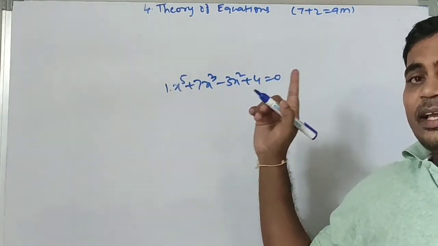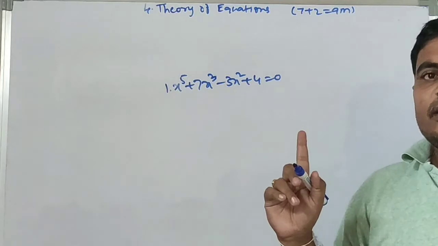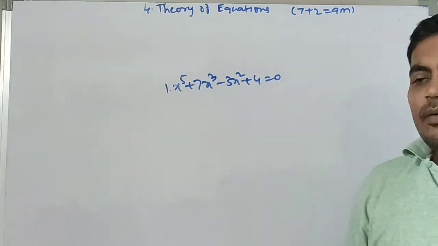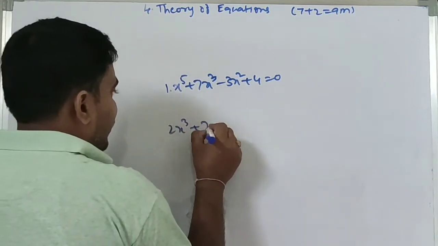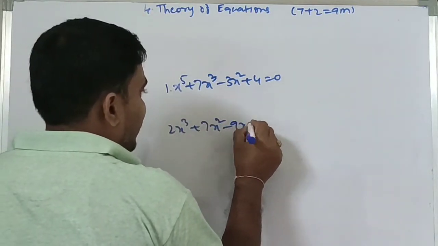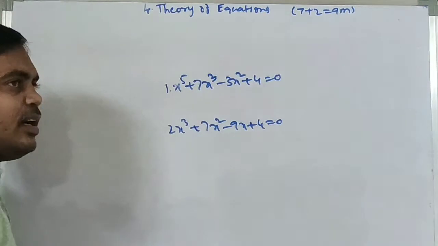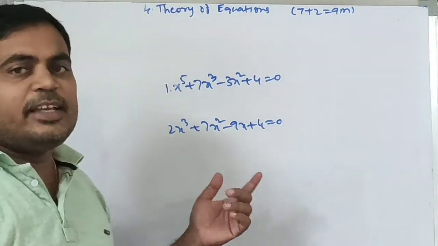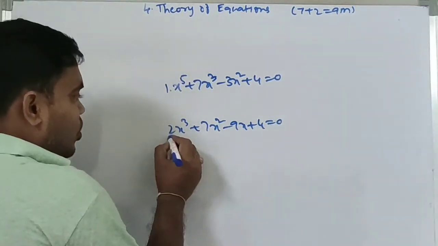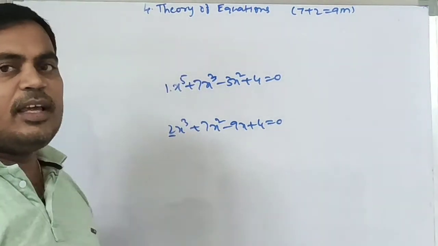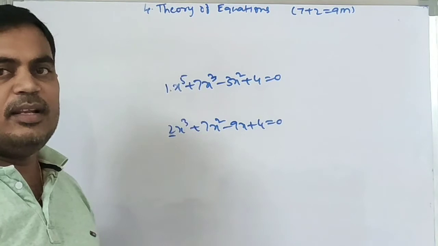So it is a monic polynomial. Now take 2x cube plus 7x square minus 9x plus 4 equal to 0. This is a cubic polynomial, the highest power is 3, and the highest power coefficient is 2. Since it is not 1, it is not a monic polynomial.